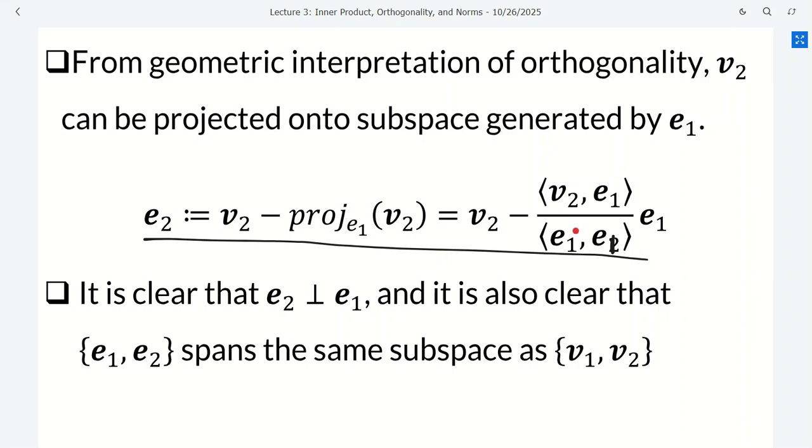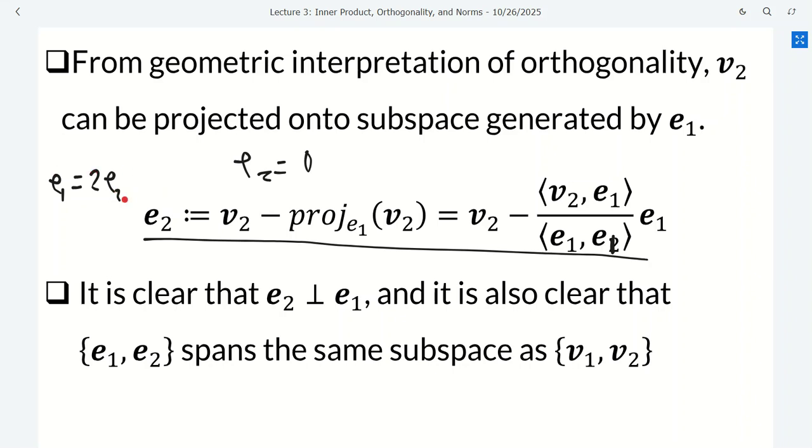When you do that, for the second one, you are going to get E2 to be 0. Once you get E2 to be 0, it tells you that E1 is just a multiple of E2.